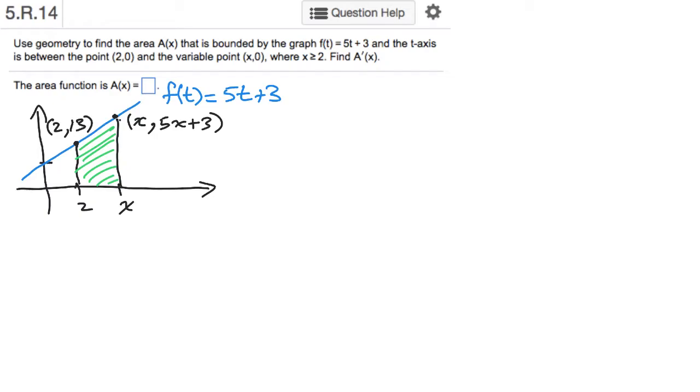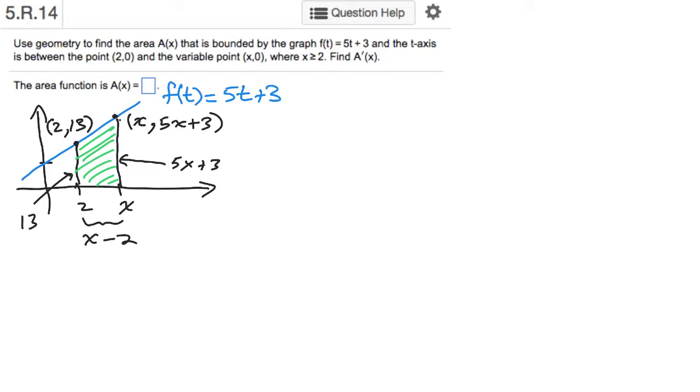So these are my coordinates, which means that I now know the height over here is 13. I know the height over here is 5x plus 3. So I know how long these little sticks are. I know the distance across here is x minus 2. To find the distance between 2 points on the axis, we just take the bigger one and subtract the smaller one, and that's going to be how far apart they are.